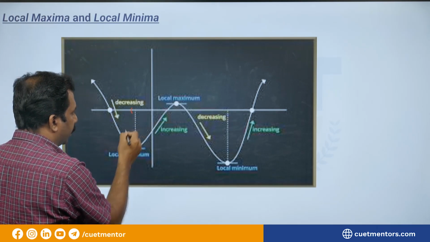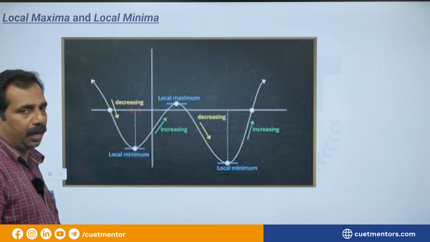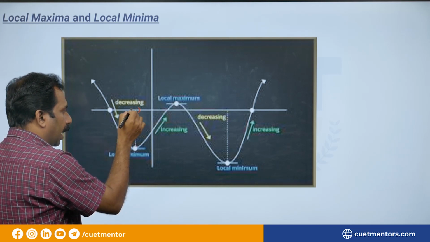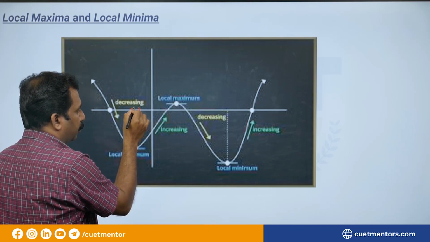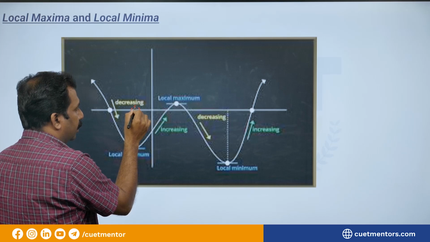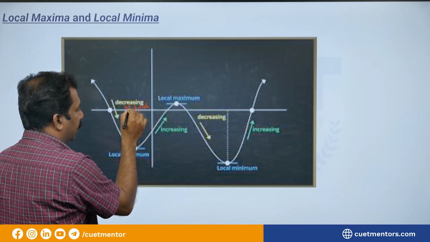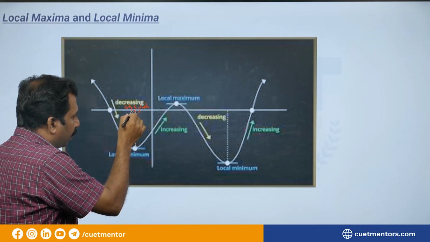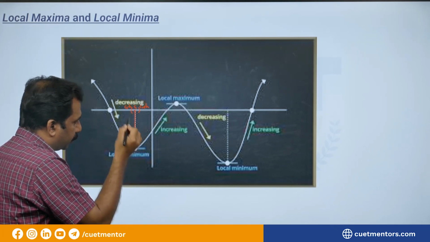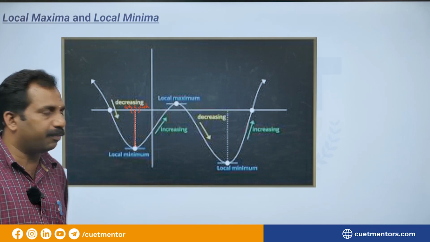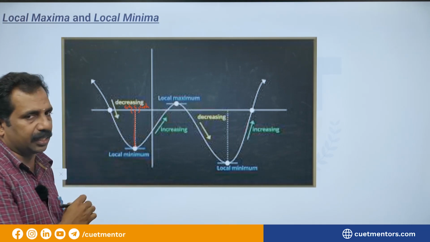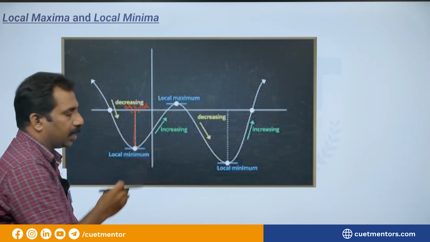At this point, the function gives a local minima. Suppose this is taken as c1, then c1 plus h is here and c1 minus h is here. In this interval, f(c) is less than the value at any other point between c−h and c+h. So this is known as local minimum.